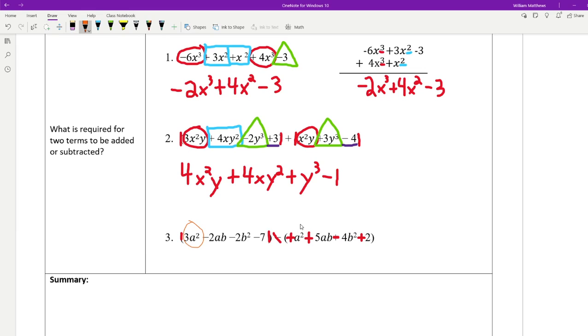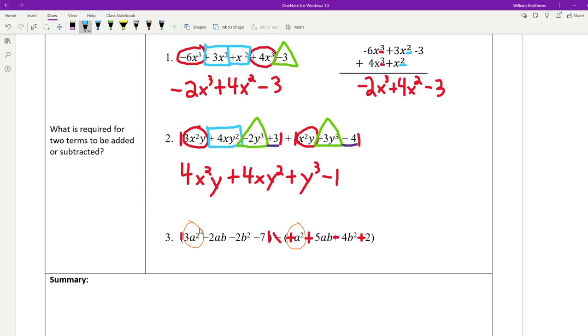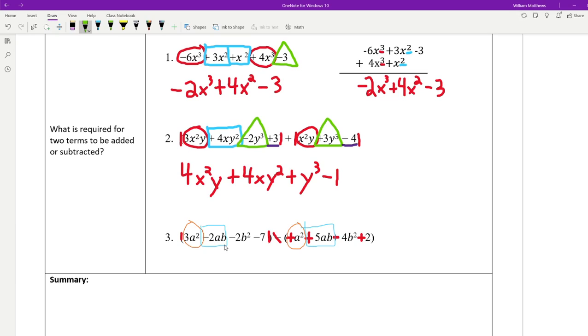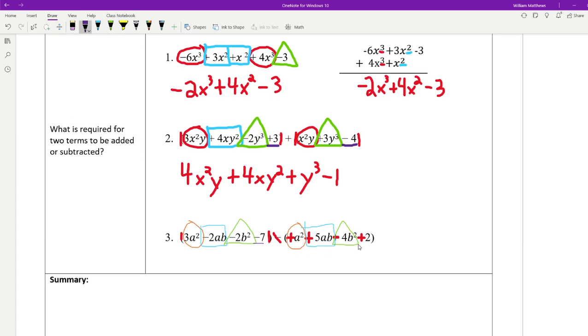We have 3a squared with a squared, negative 2ab with a positive 5ab, negative 2b squared with negative 4b squared, and then our constant, negative 7 and positive 2.